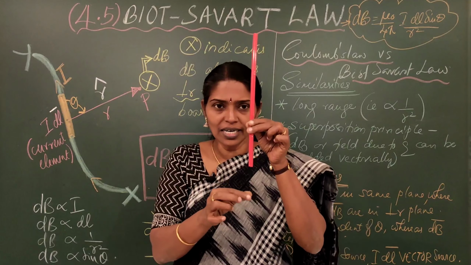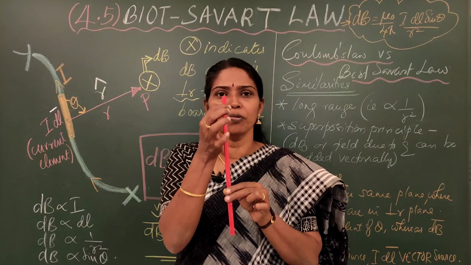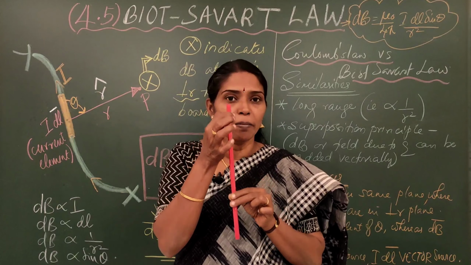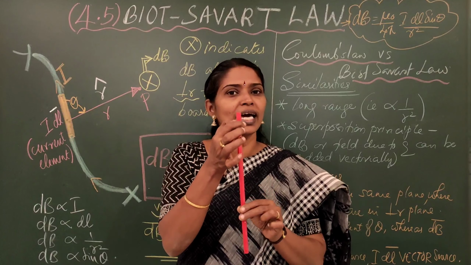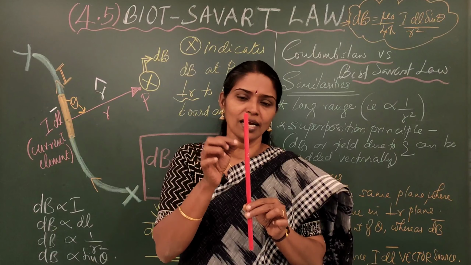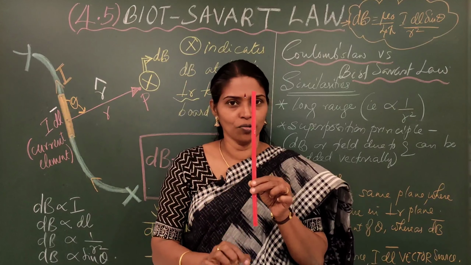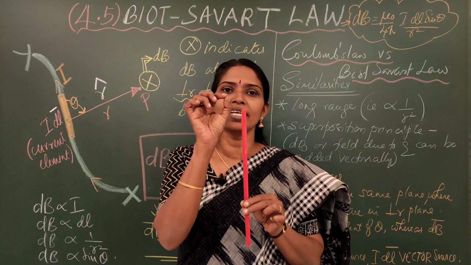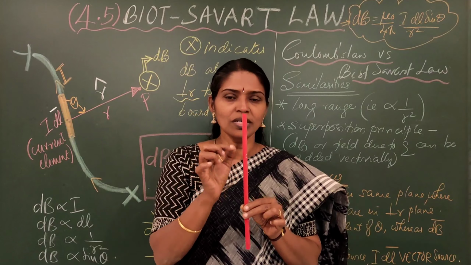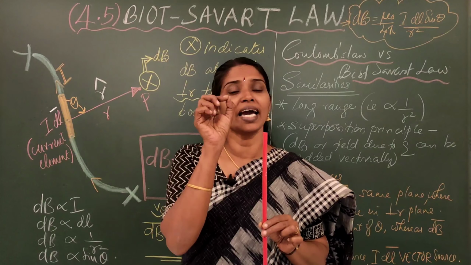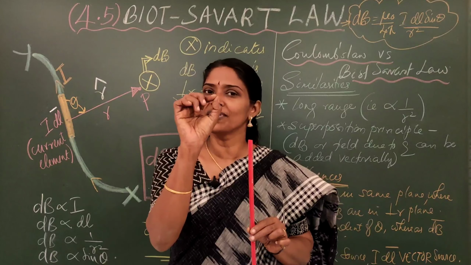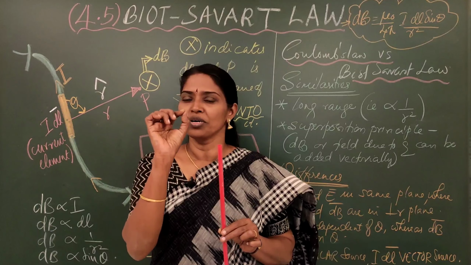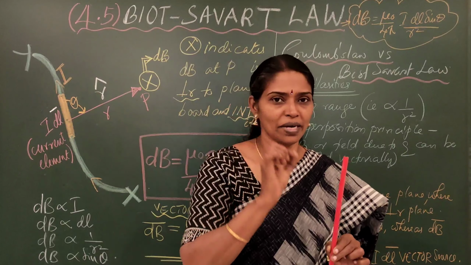So if this is a conductor, a very small portion of it is known as an element. And through this element, a current is passing either up or down. So, an element with current passing in a direction is known as a current element. Specifically, Biot-Savart law is for a current element.